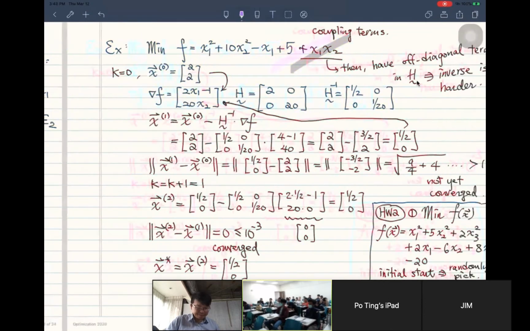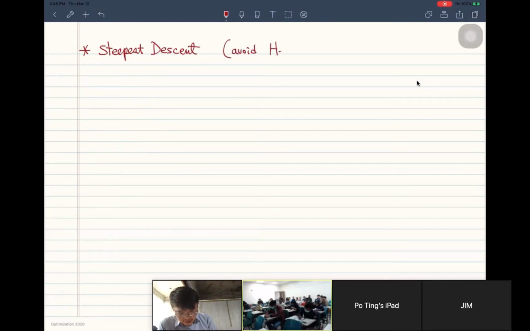So I'm going to talk about this method, the steepest descent. The idea is to avoid Hessian and its inverse. Can we avoid this?